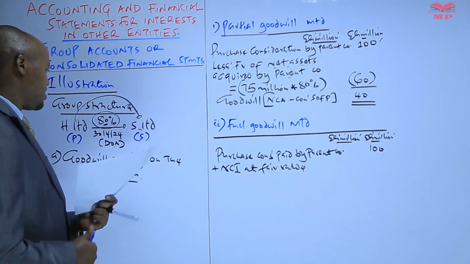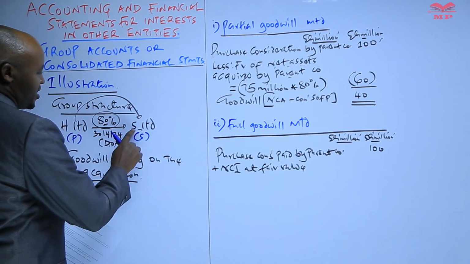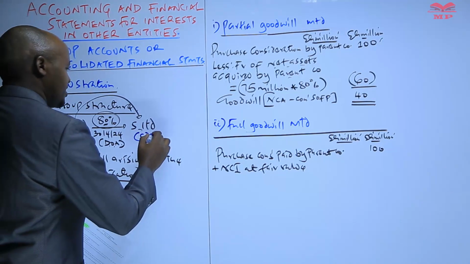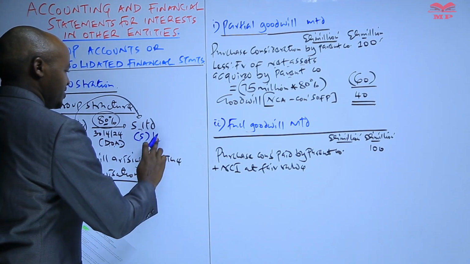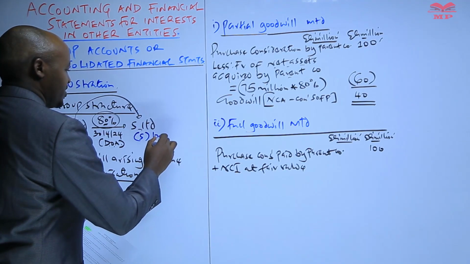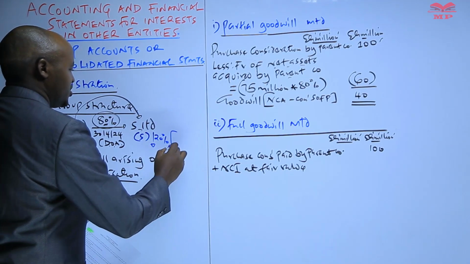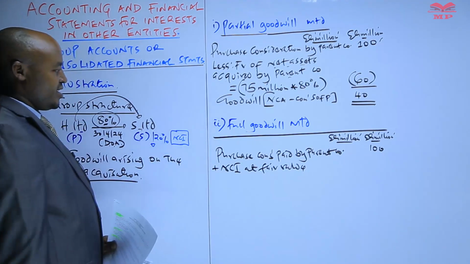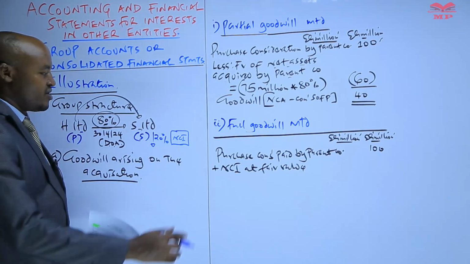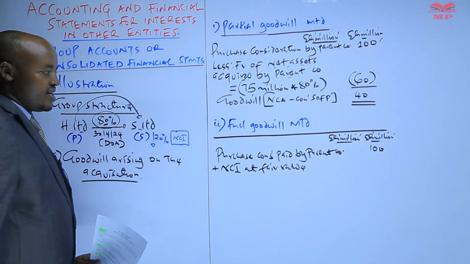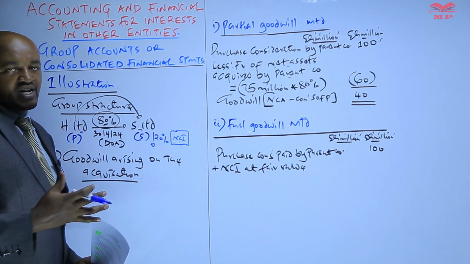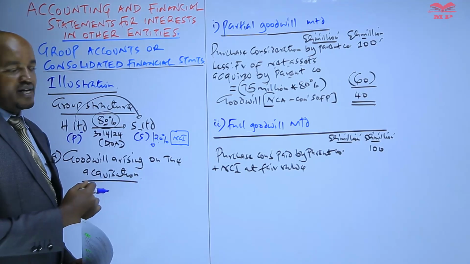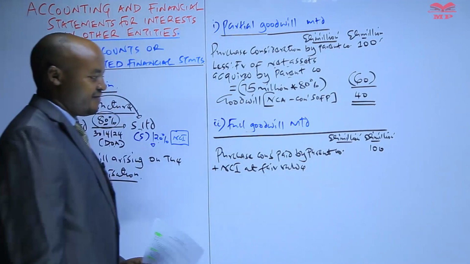In this case, you can see 80% of the shares issued by this subsidiary are held by the parent. That means the remaining 20% of the shares issued by S are held by minority shareholders, and we refer to the interest of the minority shareholders as the non-controlling interest. So when the minority shareholders were acquiring 20% of the shares, how much did they pay? That is what we refer to as the NCI at fair value.